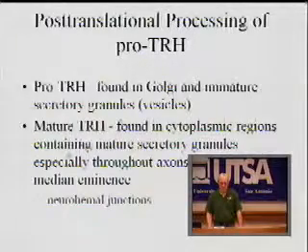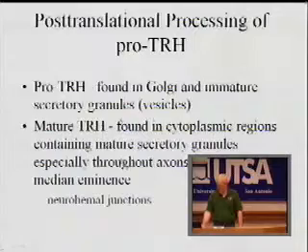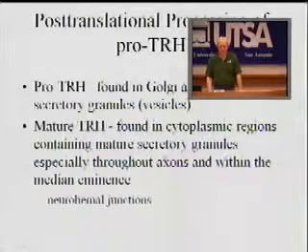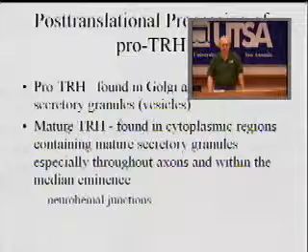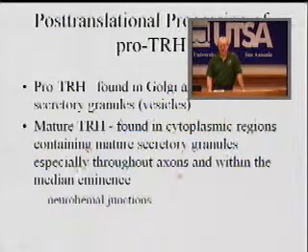So the cytoplasmic regions containing the mature secretory granules, therefore, are where we find the mature TRH, especially in the axon and down in the median eminence, as we had mentioned before, at the neurohemal junctions. So you'll even recognize this illustration here of the staining for the pro-TRH using a specific antibody, maybe to one of the terminal peptides that doesn't include a TRH sequence and doesn't cross-react with that.